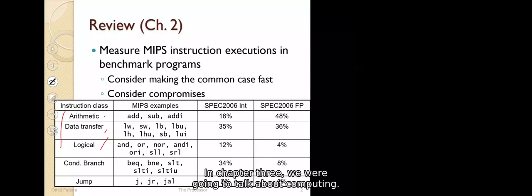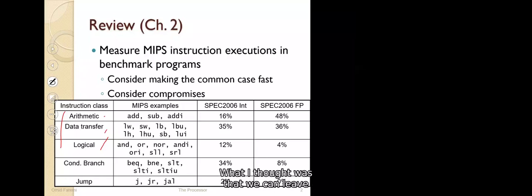In chapter 3, we were going to talk about computing. How do we perform arithmetic computing, like add, subtract, multiplication? How do we deal with floating point numbers, not just integers? So that was chapter 3.